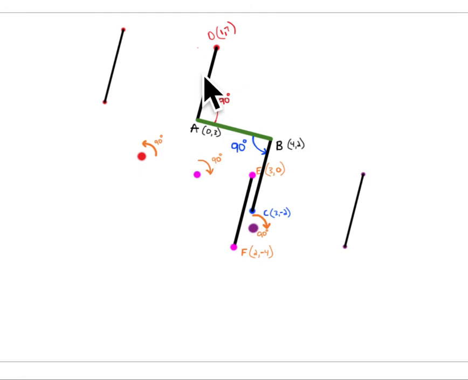If you do a 90-degree rotation, wherever that center of rotation is, whether it's A, B, this point right here, the origin, this red point, or this purple point, whether you rotate counterclockwise or clockwise, all of these line segments are parallel to each other.